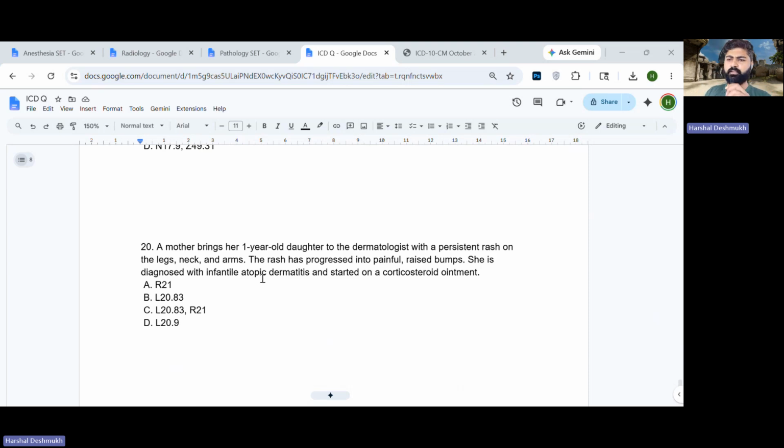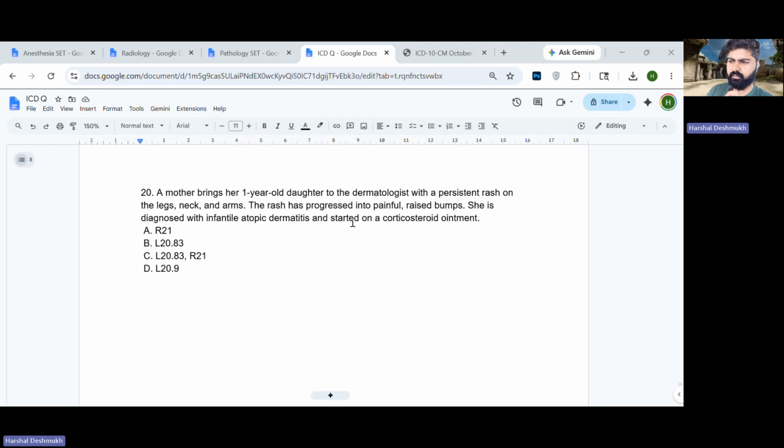A mother brings her 1-year-old daughter to the dermatologist with a persistent rash on the legs, neck, and arms. The rash has progressed into painful raised areas. She is diagnosed with infantile atopic dermatitis and started on a corticosteroid ointment.